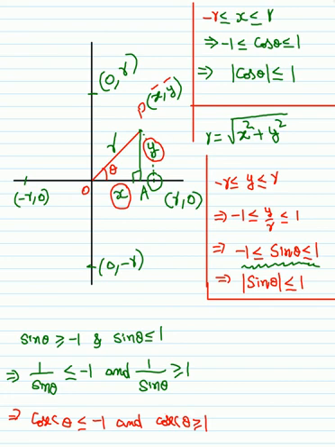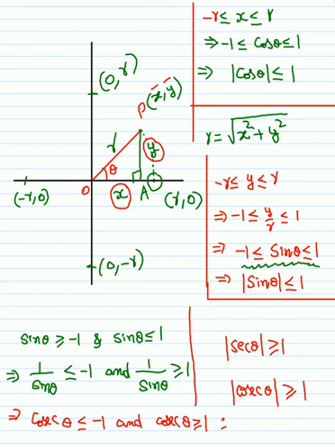So we can conclude that the absolute value of cosecant theta is always greater than or equal to 1. Similarly, the same thing we can write for secant also: the modulus of secant theta is always greater than or equal to 1.